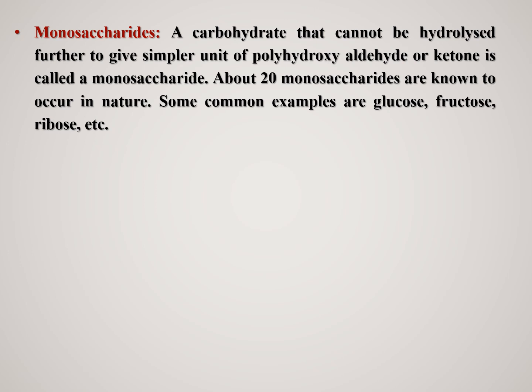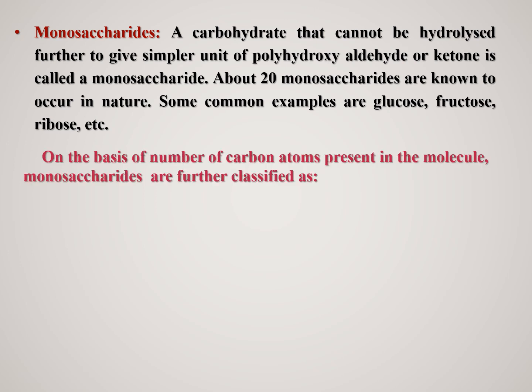Some of the common examples are glucose, fructose, galactose, ribose, etc. All these come under the class of monosaccharides. Monosaccharides can also be further studied and classified based on the number of carbon atoms present in the molecule. So let us see how these are classified.